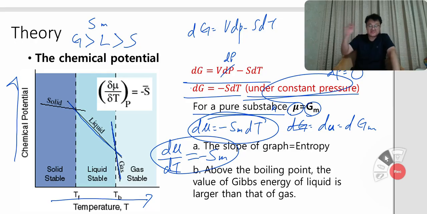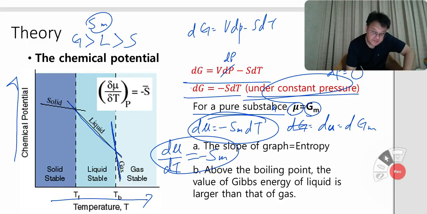So minus S, minus slope, is actually very large. And that is because gas shows very high entropy. The negative slope is entropy. When the curve is very steep, that means that the entropy of that phase is actually very large, right?